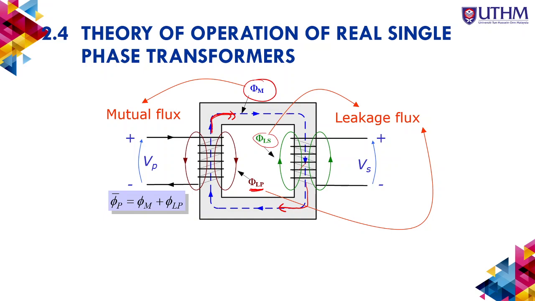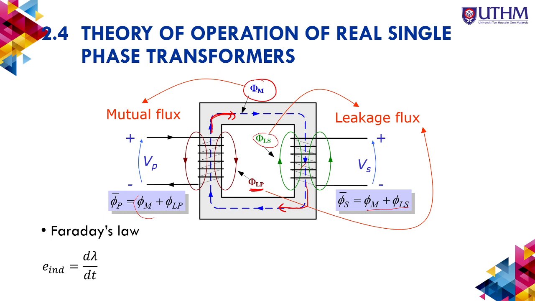Average of the flux at the primary side will be the mutual flux plus the leakage. Same goes to the secondary. Okay, this is the average flux. Average flux is actually the mutual flux plus the leakage.